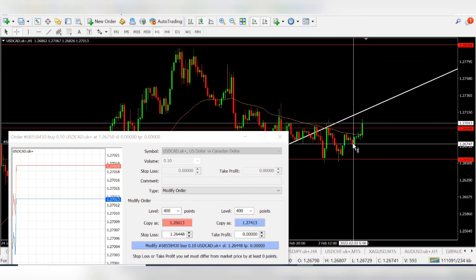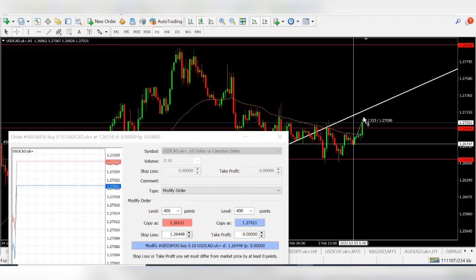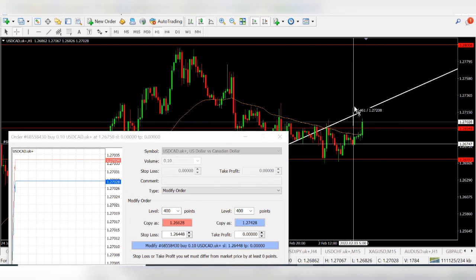We're actually there already anyway. For those trading the 15-minute time frame and small lot size, this is where you want to manage your trade, come out and then re-enter once you clear all this zone here, because I expect the market to hit the back of the trend line, reverse a bit, and then carry on.